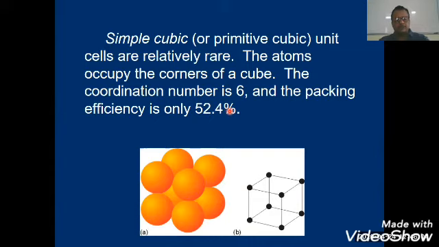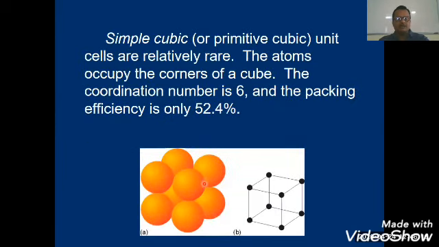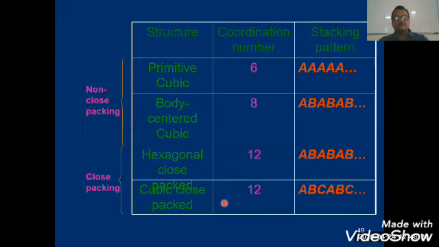In hexagonal close packing or in cubic close packing, the coordination number is 12, in the BCC unit cell the coordination number is 8, and in the simple cubic unit cell the coordination number is 6. So this is the summary: primitive, body centered, hexagonal, cubic.